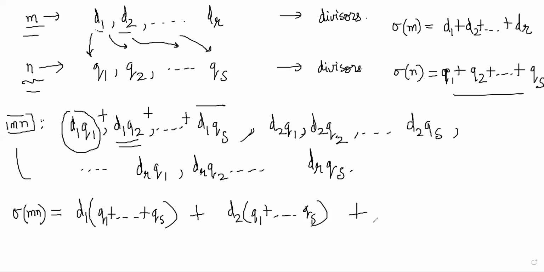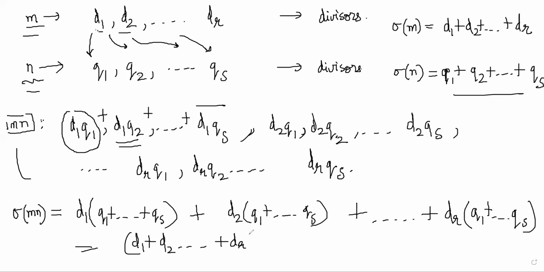And so on, till plus dr common, q1 till qs. So then you can just write it as d1 plus d2 till dr common, and then q1 to qs. And that will be your sigma m and sigma n.